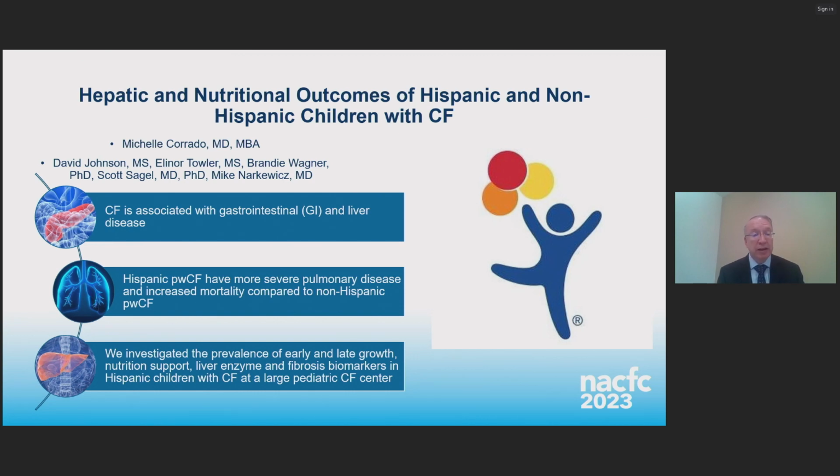This is known to be Hispanic people with CF have more severe pulmonary disease. And this was a study looking at the prevalence of early and late growth, nutrition support, and liver function enzymes and markers in this population in a large pediatric CF center.